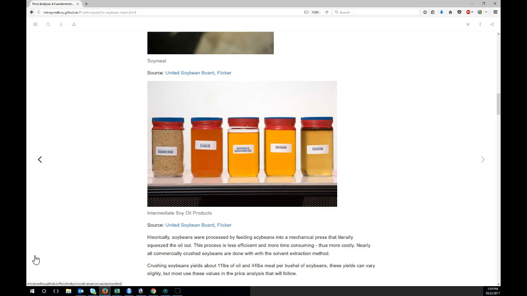So it turns out that crushing yields are fairly consistent at 11 pounds of oil and 44 pounds of meal per bushel of soybeans. And those yields can vary a lot because you could breed a soybean to be higher on the oil or lower on the oil. But we'll basically assume these proportions when we go forward and think about the price analysis, and particularly the crush spread.